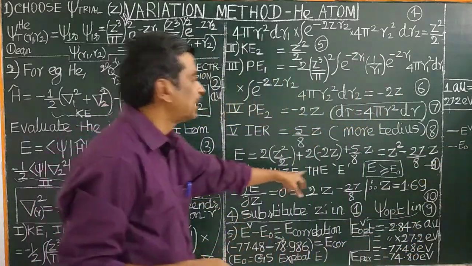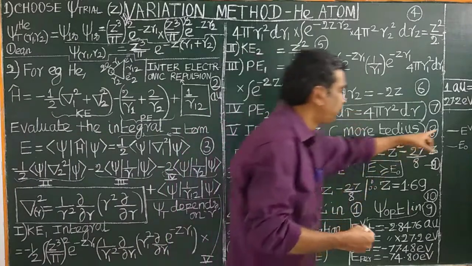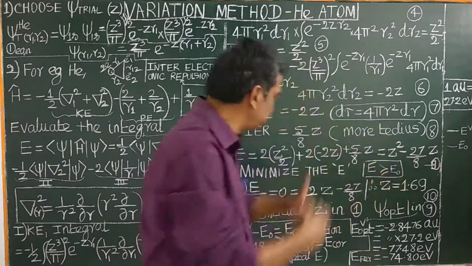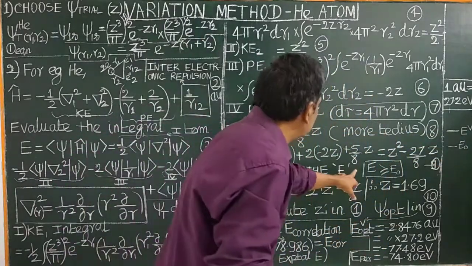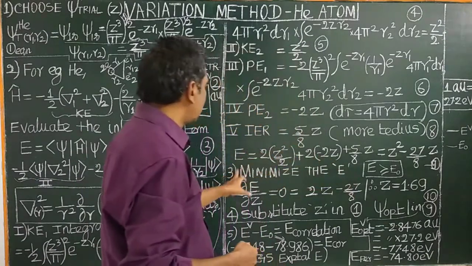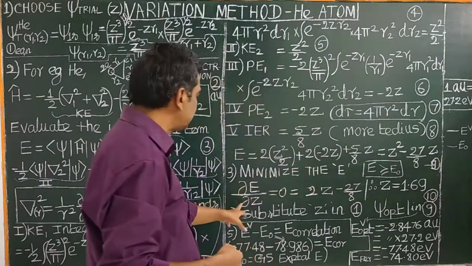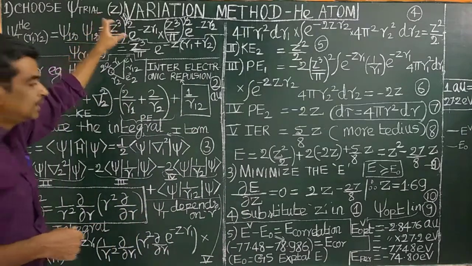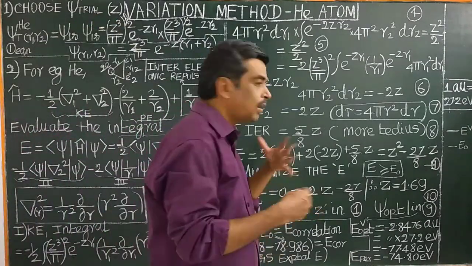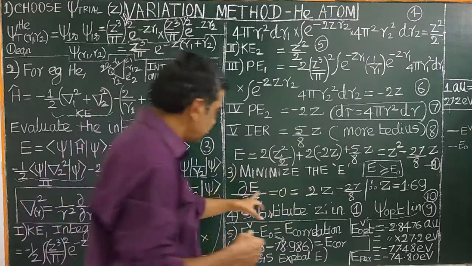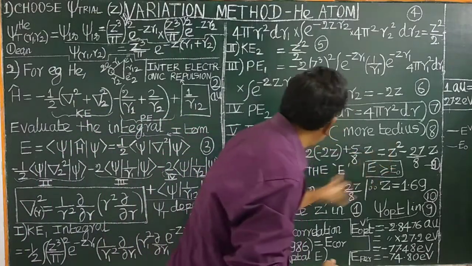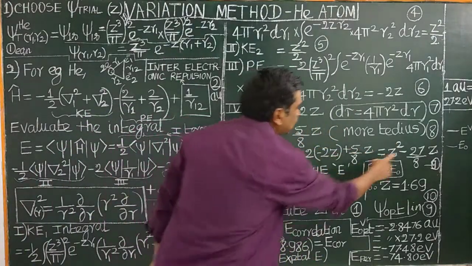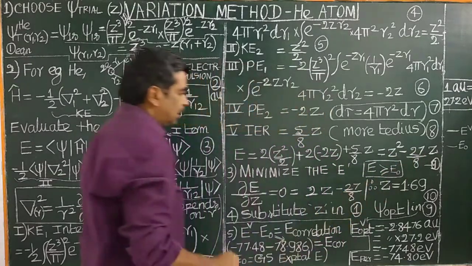Therefore, to make the energy minimum, minimize the energy with respect to the variable parameter. What is the variable parameter? Z is the variable parameter. On differentiating, 2Z minus 27 by 8 equal to 0.